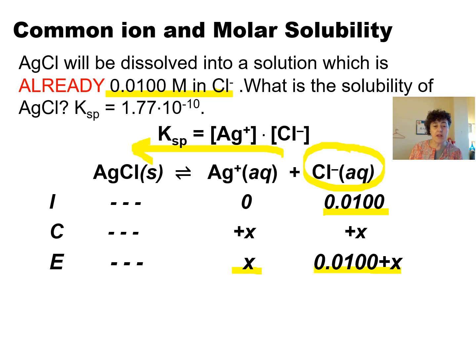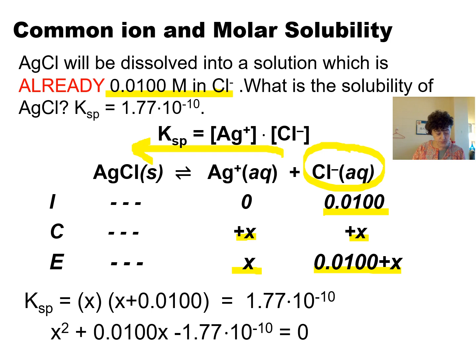The amount that you get from the dissolution of silver chloride is still going to be the same for silver and chloride, but for silver it is adding to nothing, while for chloride it is adding to some pre-existing amount of chloride. By plugging the two concentrations at equilibrium into the Ksp, we are going to obtain, through some simple algebraic steps, this expression.